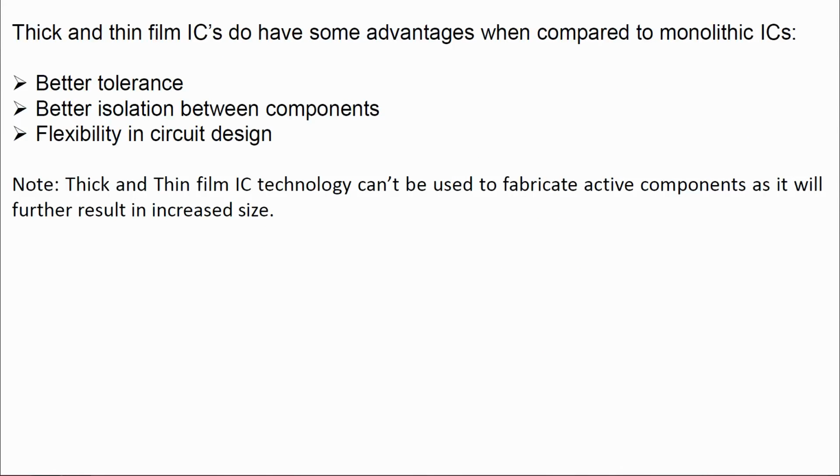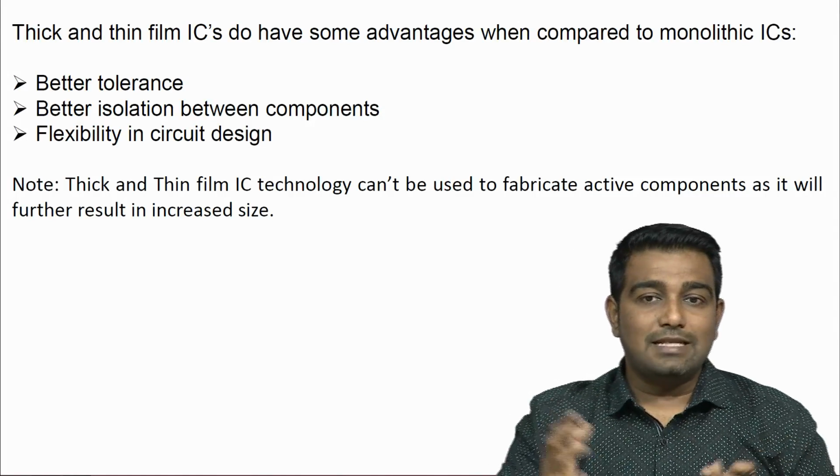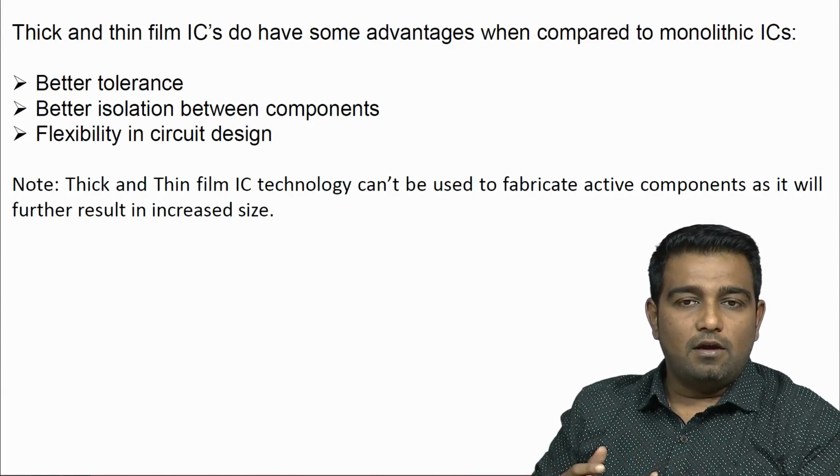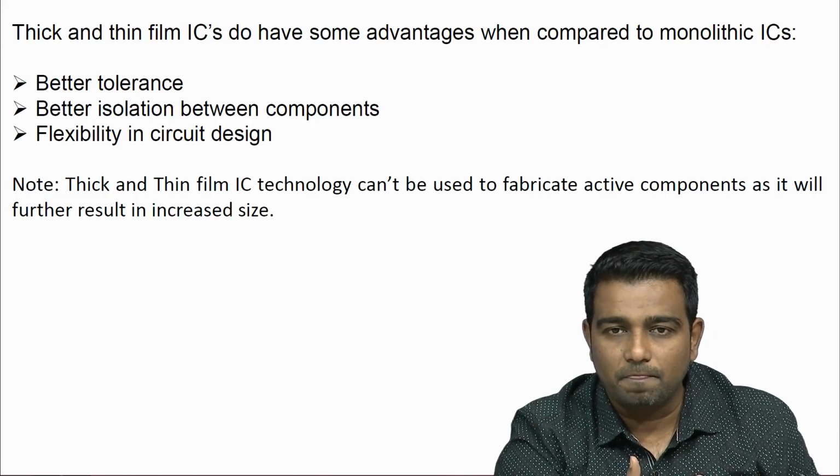Some advantages over the monolithic ICs are better tolerance, better isolation between components, flexibility in circuit design. These are the advantages. You see, when we were using monolithic integrated circuits, the flexibility was an issue. Here we can design the thin and thick film ICs on a flexible substrate. That is the advantage, because suppose you want to develop a flexible sensor, an example is electronic skin, right.